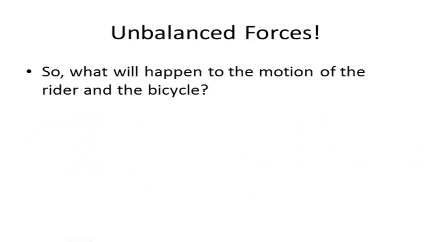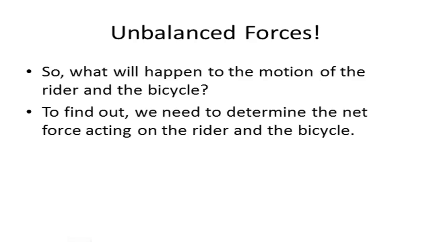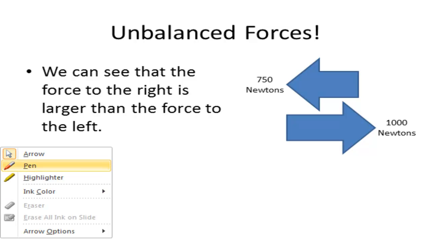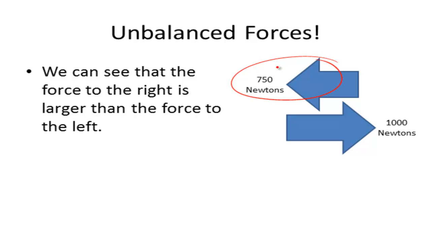So the question is, what will happen to the motion of the rider and the bicycle now that we have unbalanced forces? To find this out, we need to determine the net force that is acting on the rider and the bicycle. So if we just pull those two forces out, we still have 750 newtons to the left over here, and we have 1000 newtons to the right.